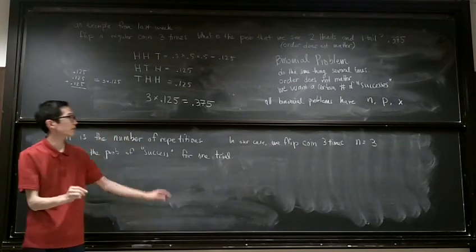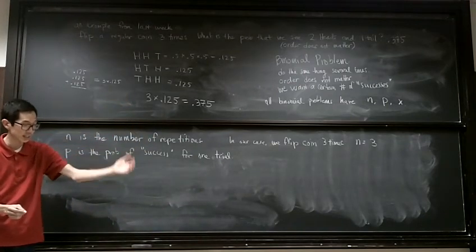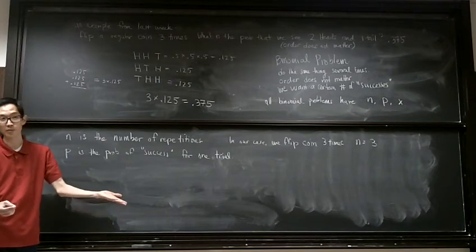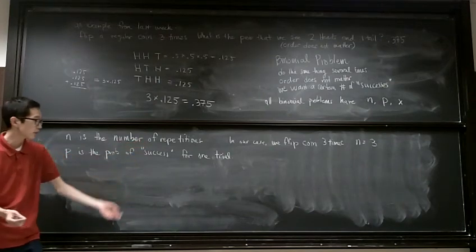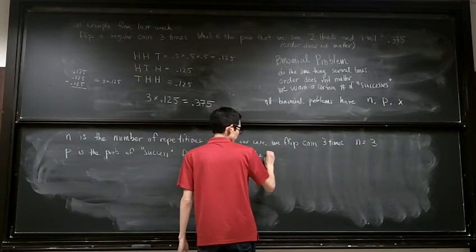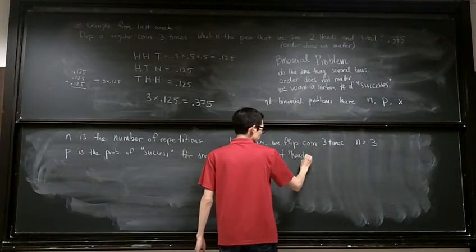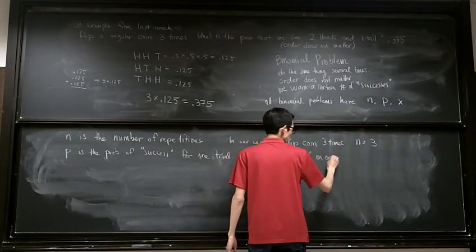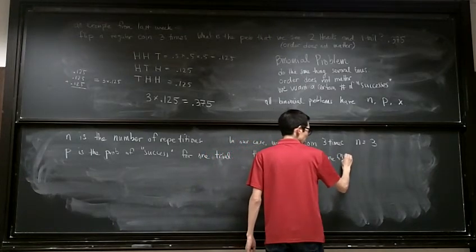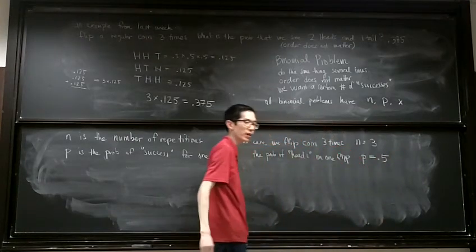That means what's the probability I get a head, that it lands heads on 1 coin flip? 0.5. So this is the probability of heads on one flip, so P is equal to 0.5.